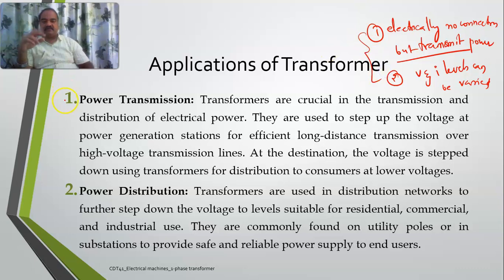Very simple. One is power transmission and power distribution. Electrical power is generated somewhere, stepped up to some high values and then transmitted. Again, it is stepped down based upon our requirements. For power transmission, we will be using step-up transformers. And at the distribution side, what will we use? We will use step-down transformers.